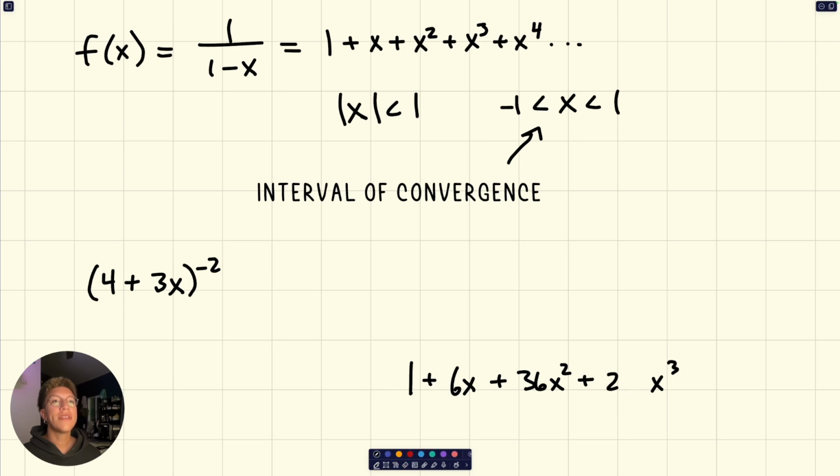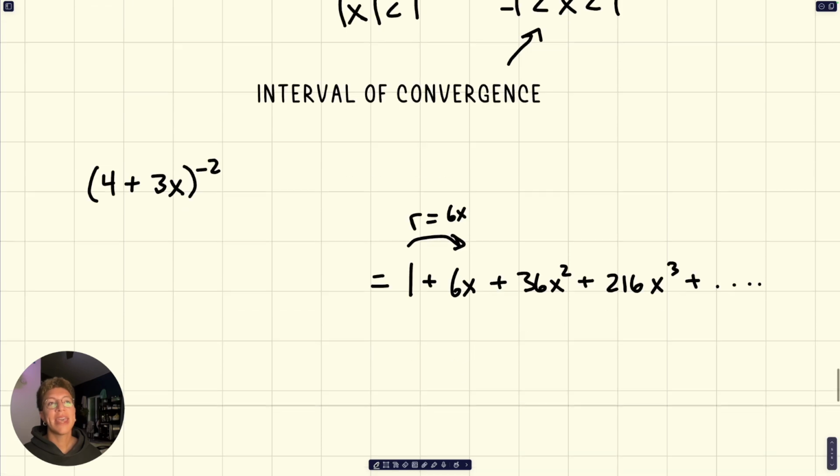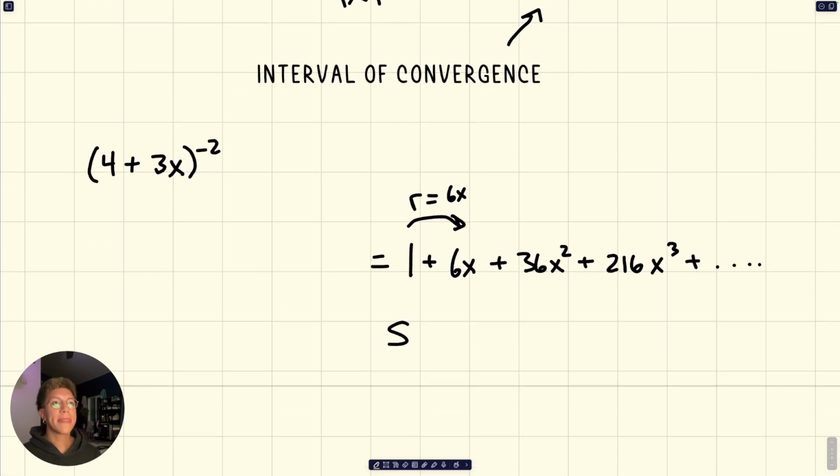So all we have to do is take our result and plug it back into our formula. This is an infinite geometric series. The common ratio as we move from one term to the next is now 6x. And so the sum of an infinite geometric series is the first term 1 over 1 minus the common ratio, which is 6x.